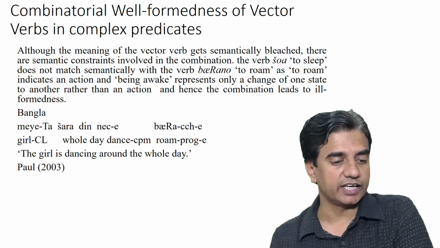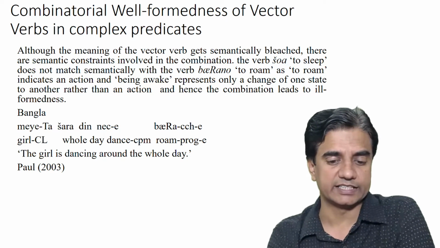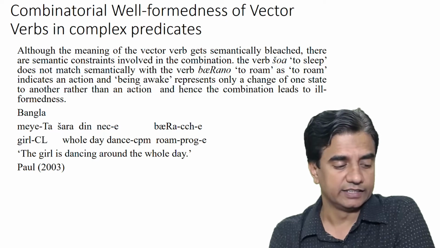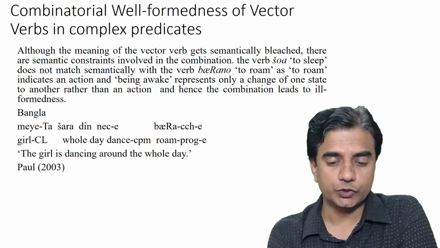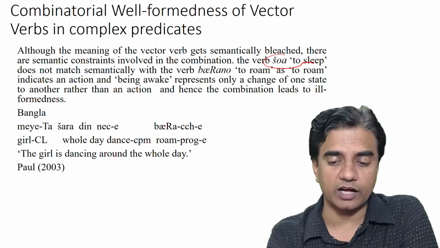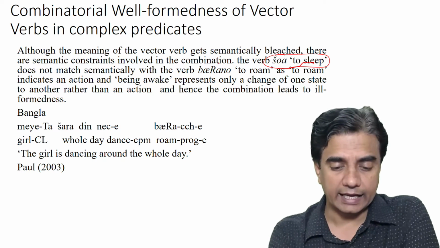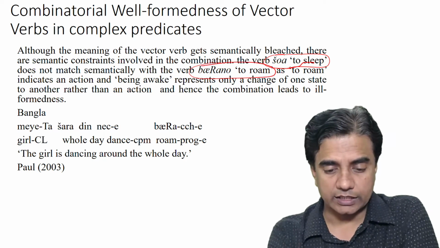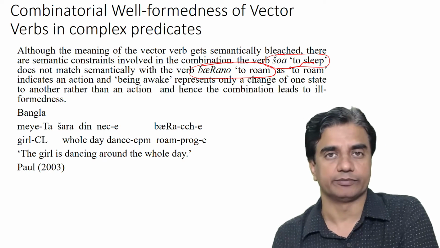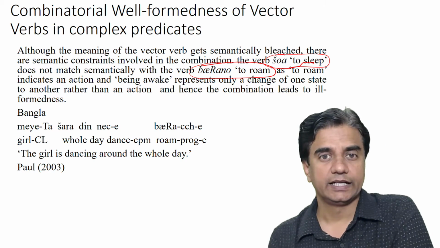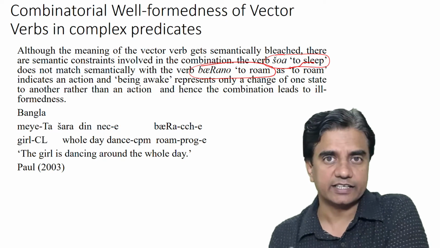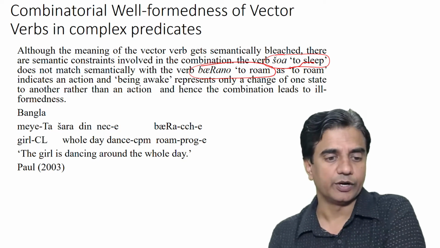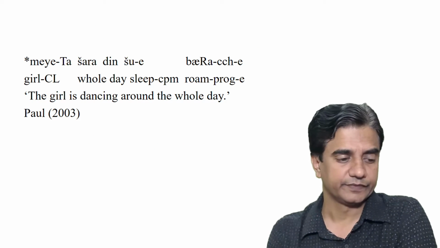So as you see here on this screen, from examples from Bangla, it will not be possible to put sona, which is to sleep, and a verb to roam together. And this kind of restriction helps us understand the well-formedness of complex predicates.